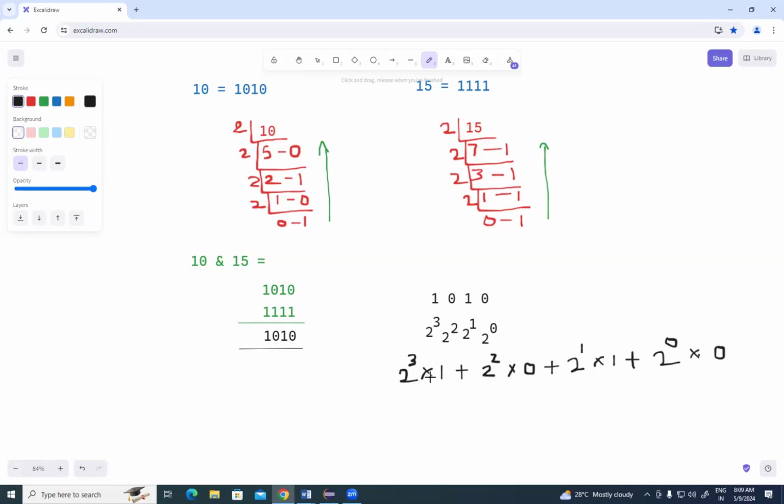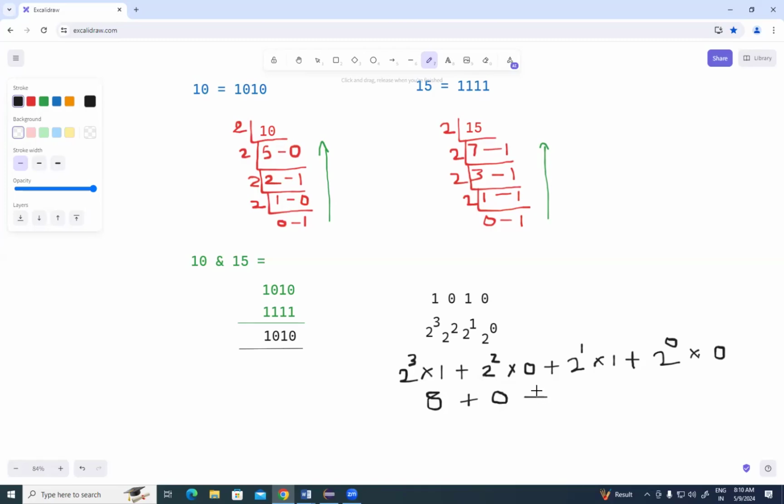Tell me 2 power 3 into 1. What is 2 power 3? 2 into 2 into 2. 2 into 2, 4. 4 into 2, 8. 8 into 1, 8. Plus 2 power 2 means what? 4. 4 into 0, 0.